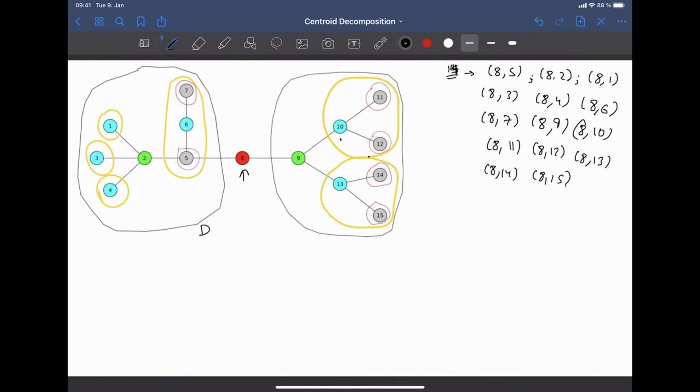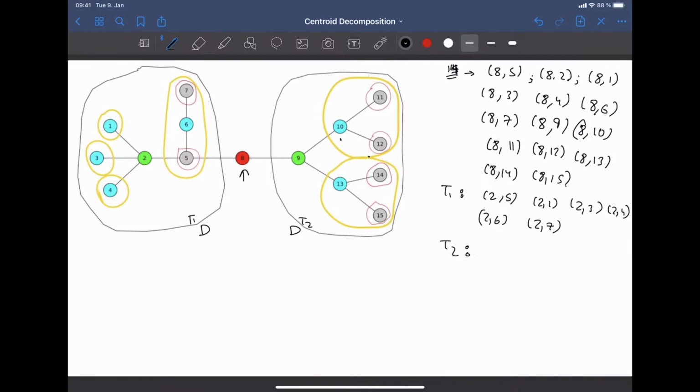Then we decompose into T1 and T2. For T1, we process another six paths, which will be 2 comma 5, 2 comma 1, 2 comma 3, 2 comma 4, 2 comma 6, 2 comma 7.